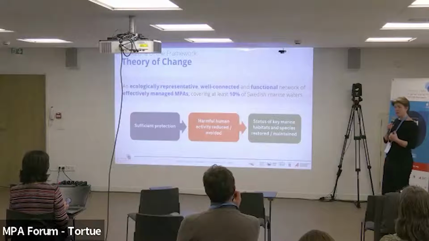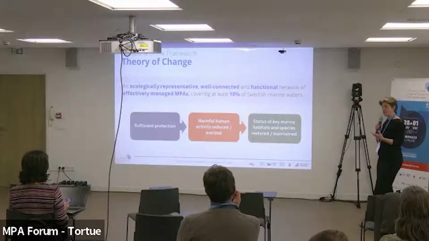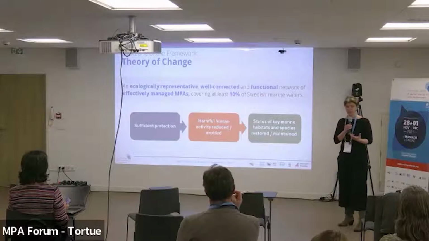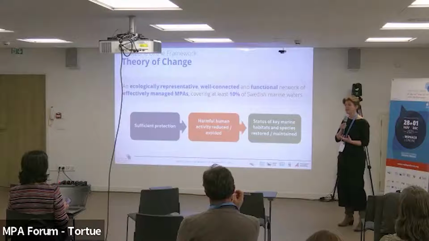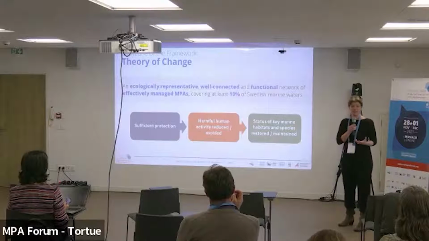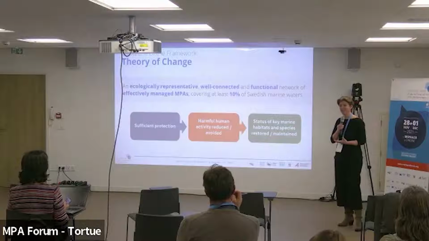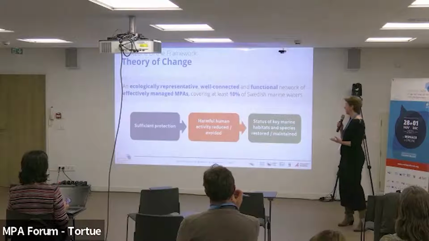And that is contributing to the status of marine habitats and species. It's a bit of an open door. It's also a simplification. We're fully aware of that because, of course, not everything you can solve in the context of marine protected areas. So many things like the impact of climate change and pollution are regional. You can't really handle with marine protection legislation. But this is what we went with.